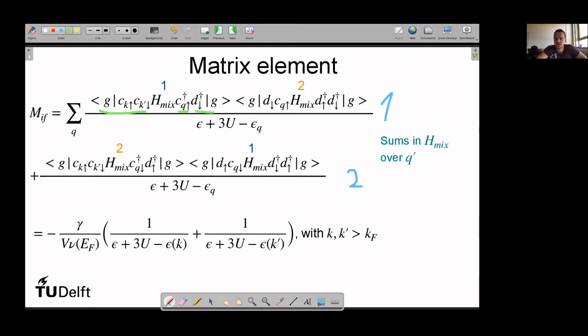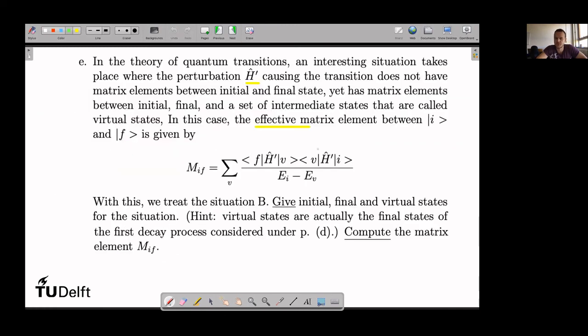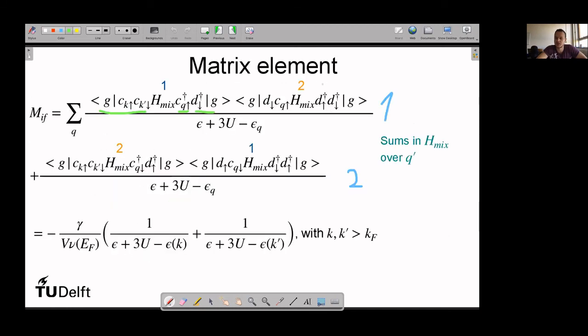We have 1 electron at the impurity, 1 electron at the metal, and here we have the state which has 2 electrons at the impurity. Right? If we look at the formula, final and initial: the final state is 2 electrons at the metal, the initial state is 2 electrons at the impurity, and here we find 2 electrons at the impurity.